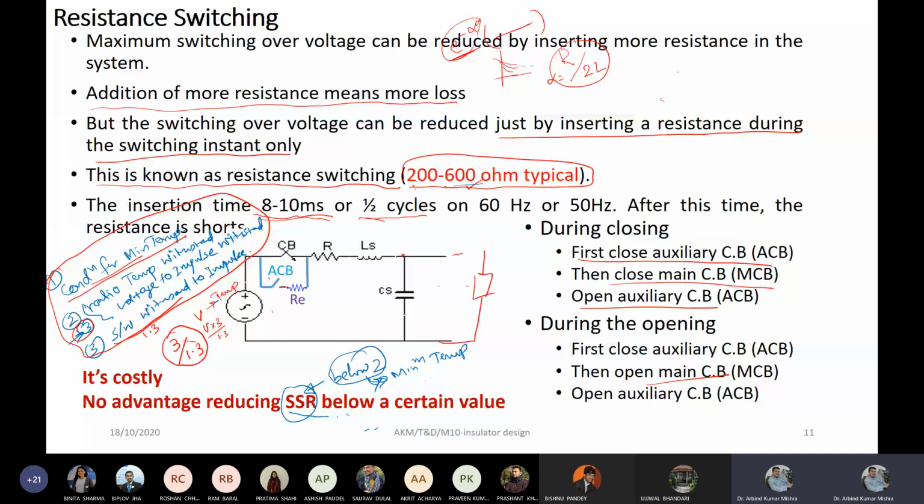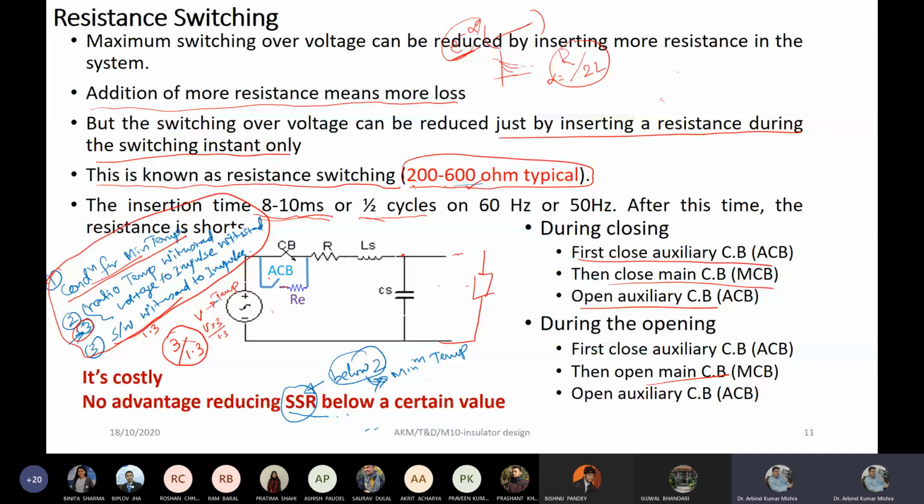Then you can see that this will be roughly around 2. But just memorize that a switching surge ratio below 2 has no added advantage. So that's why it is not going to be reduced to a very minimum value. Now go on in sequence.